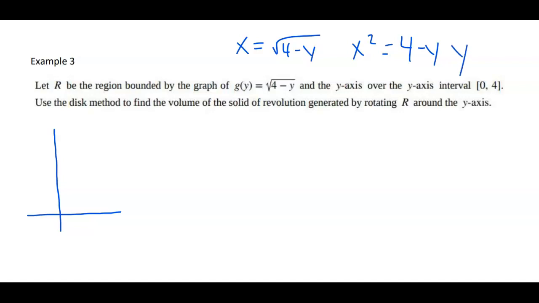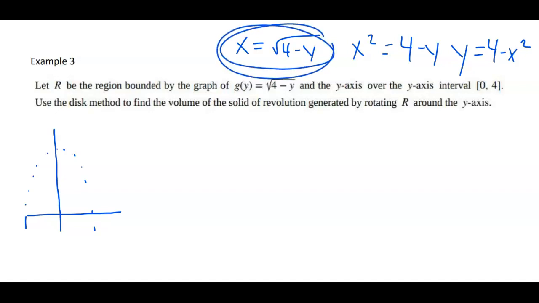So this is like y equals 4 minus x squared is that relation, but it's just like the square root function. So if this was all of y equals 4 minus x squared, I just have the positive side, so the positive x's. So I'm going to just have this.